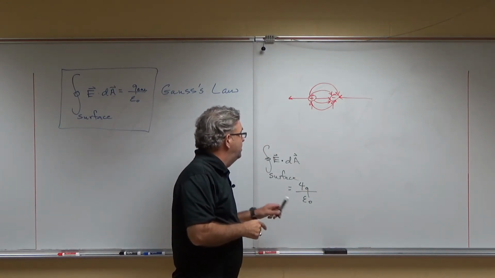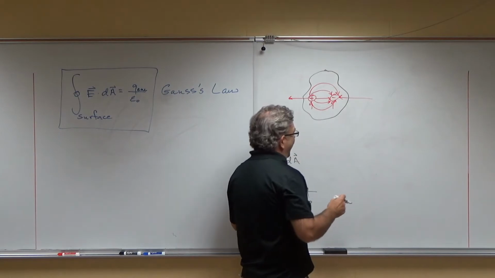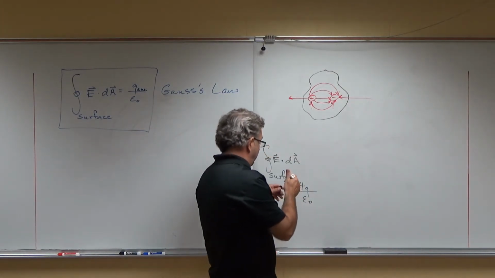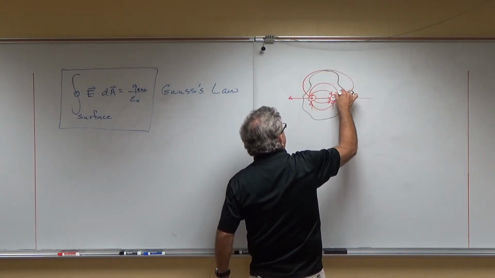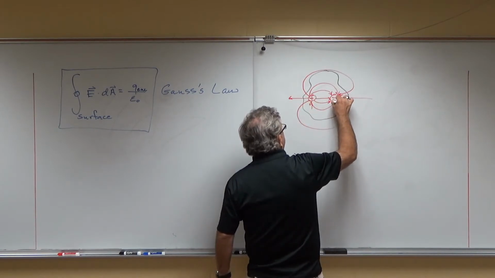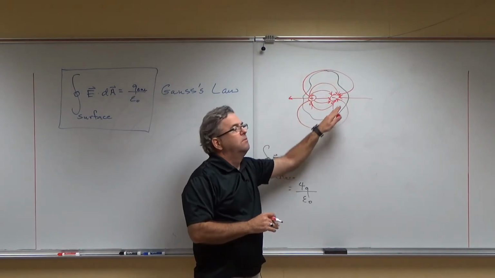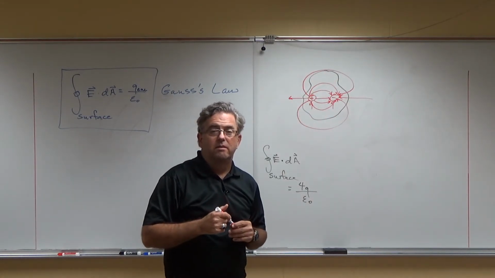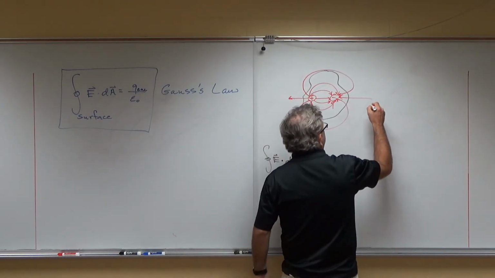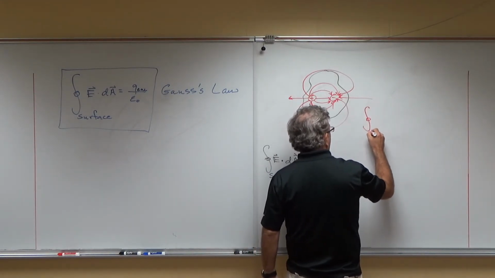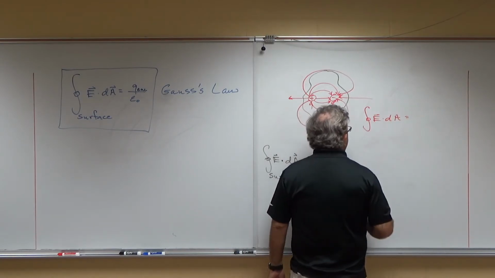So if I draw any surface enclosing, it's called a Gaussian surface. If I draw any surface and I calculate the flux, in this case, the closed surface integral of E dot dA is equal to Q enclosed.